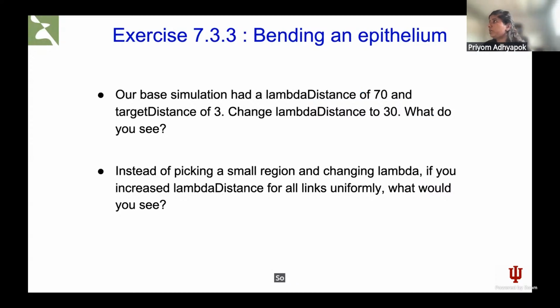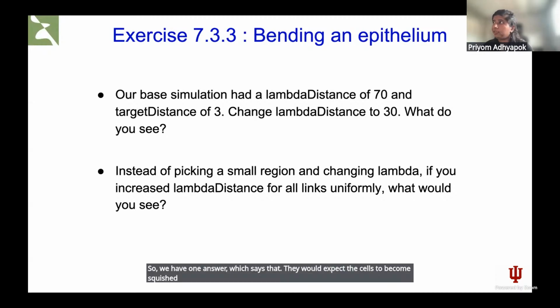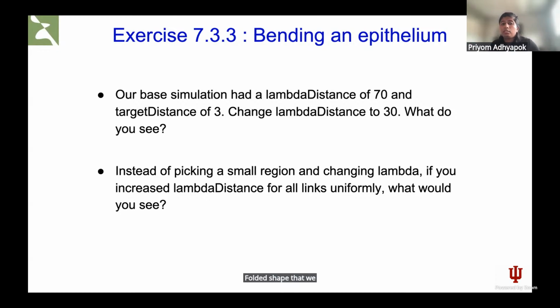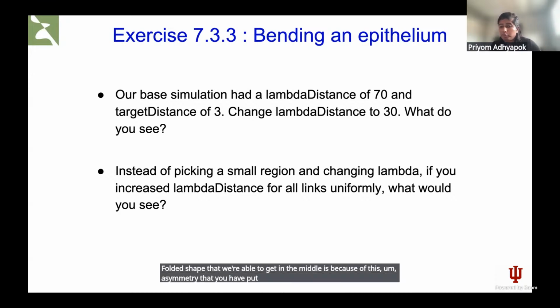Okay. All right, so then I'm going to go back to the questions. We have one answer which says that they would expect the cells to become squished and elongated because they would essentially try to maintain volume. So yes, there will definitely be cell shape changes there. But the other interesting thing is that the whole folded shape that we get in the middle is because of the asymmetry that you have put in the FPP properties.